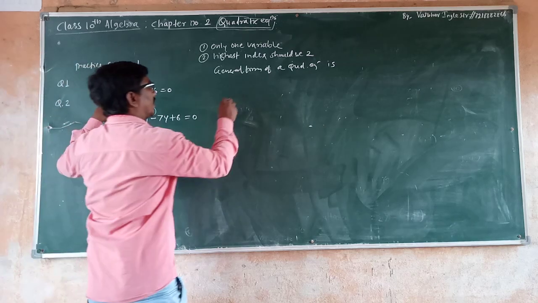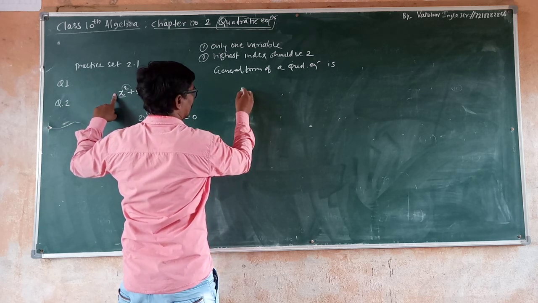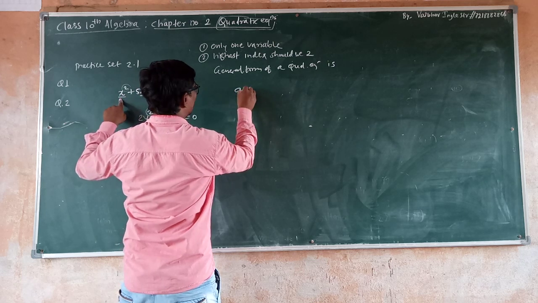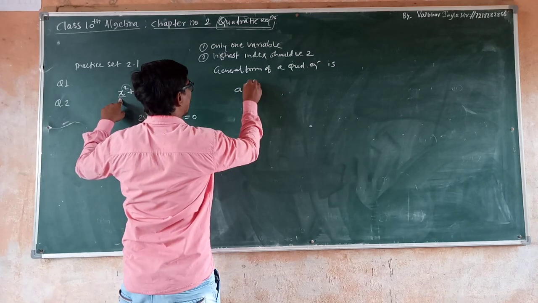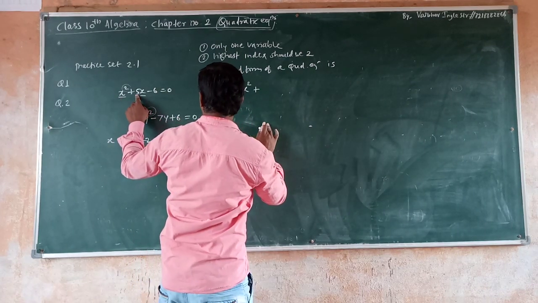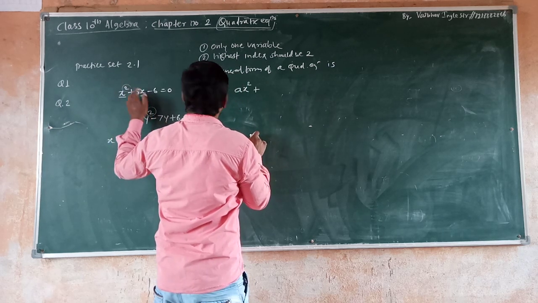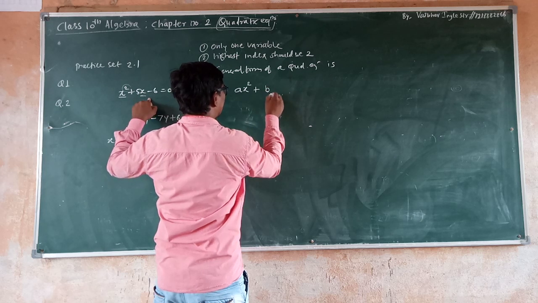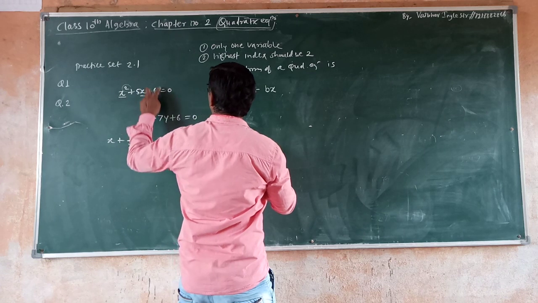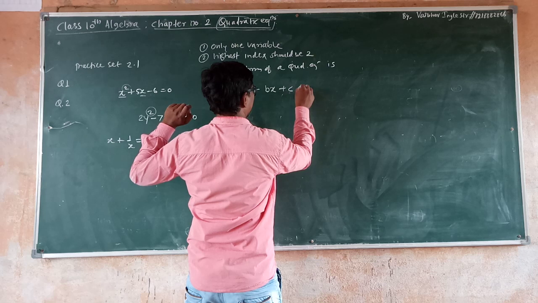Okay, so I will write a constant term, the coefficient of x square, say a. So a into a variable having maximum index 2, then another term is there, a constant coefficient into a variable having index as 1. So I will write another constant b into x and then a term without variable, that is constant c, and equals to 0.